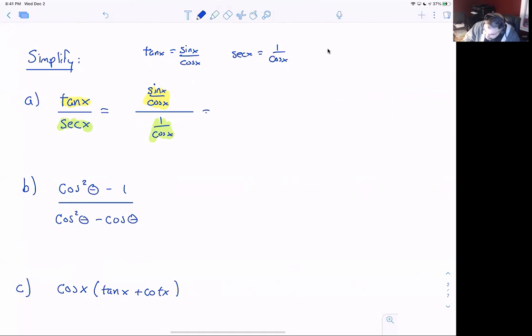And from there, we can divide fractions. Whenever we have a complex fraction, we want to multiply that entire numerator, which is sine over cosine, by the reciprocal of the entire denominator. Well, the denominator is 1 over cosine x. So the reciprocal of that will be cosine x. So when you multiply these together, you end up with just sine x.